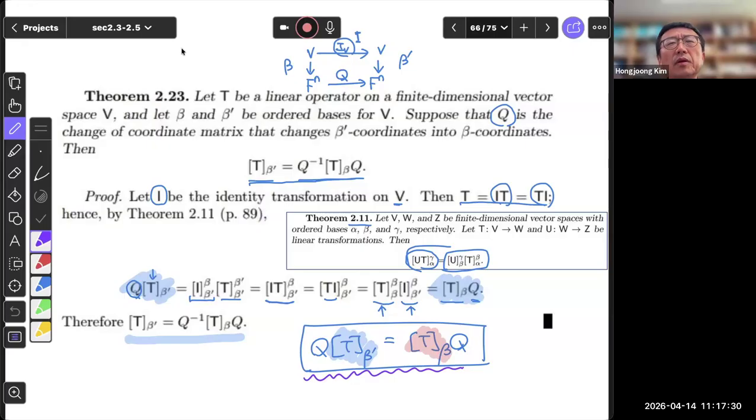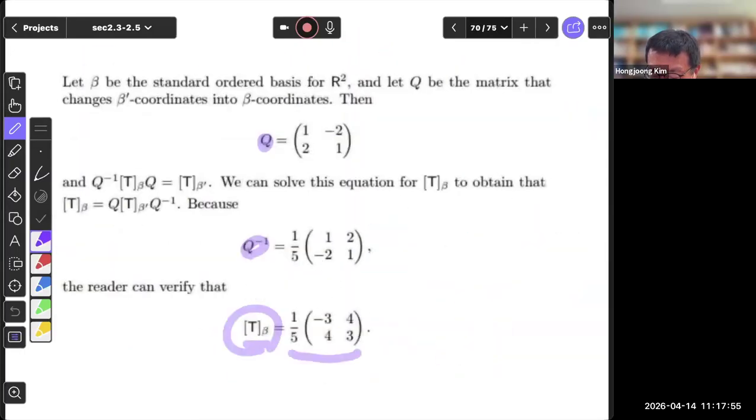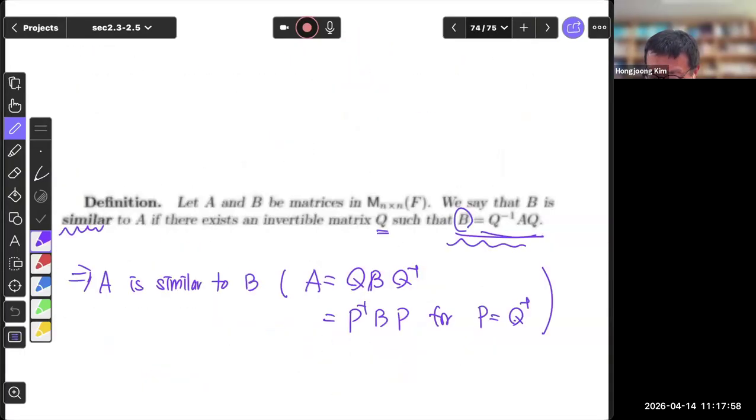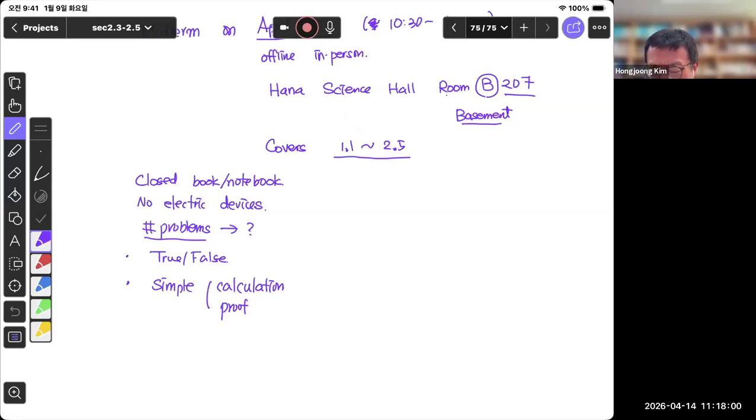So some simple calculation, some simple proof, very simple proof.